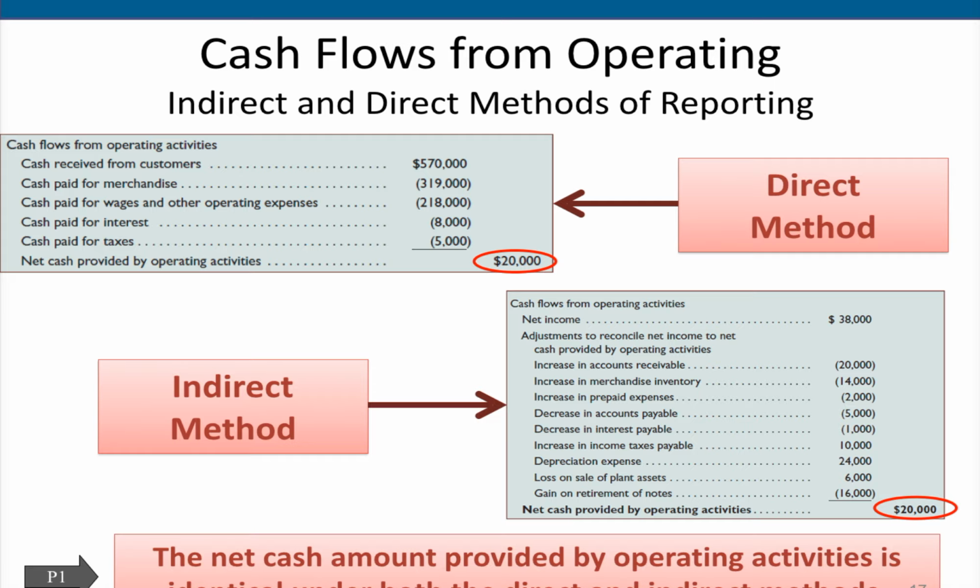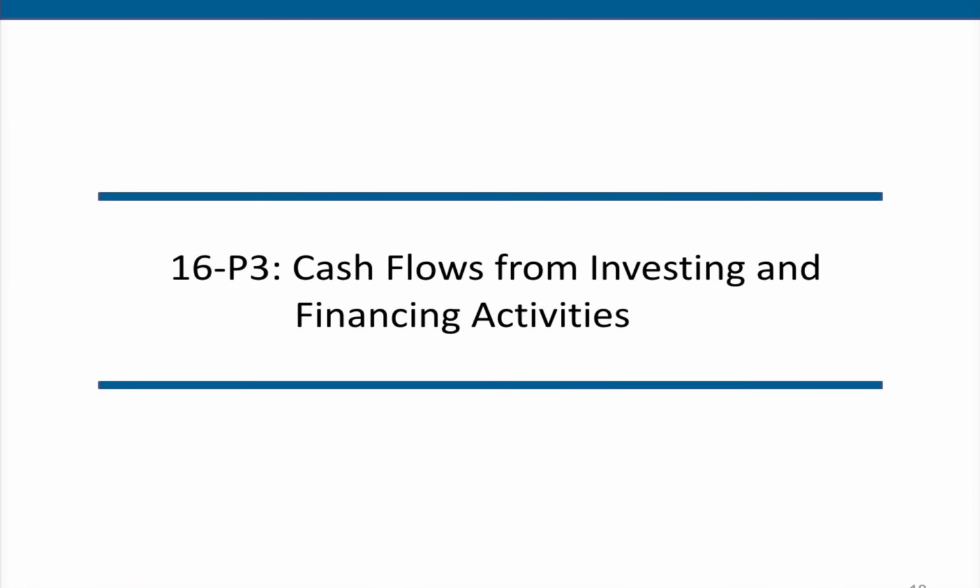For both of those, you would go to the income statement and drill down into the information and find it that way. To me, that makes more sense, at least from a reporting standpoint, because it's by nature more direct and straightforward. So for that reason, I won't talk any more about the indirect method, and from this point forward, we'll just assume that the direct method is what's being used.